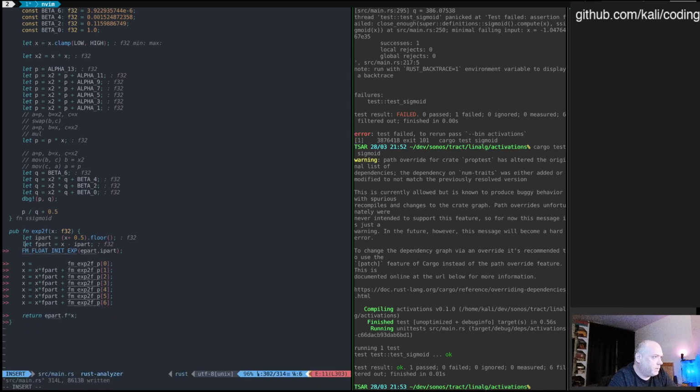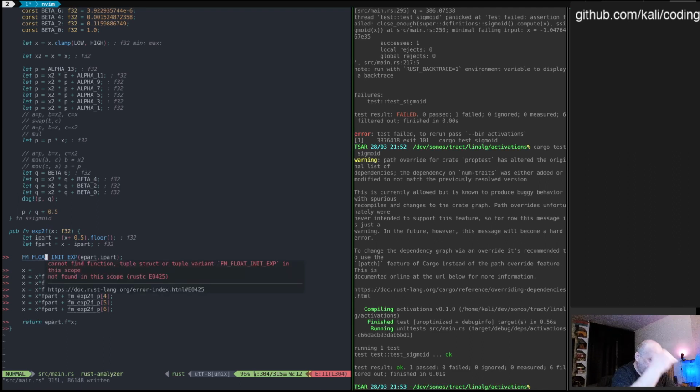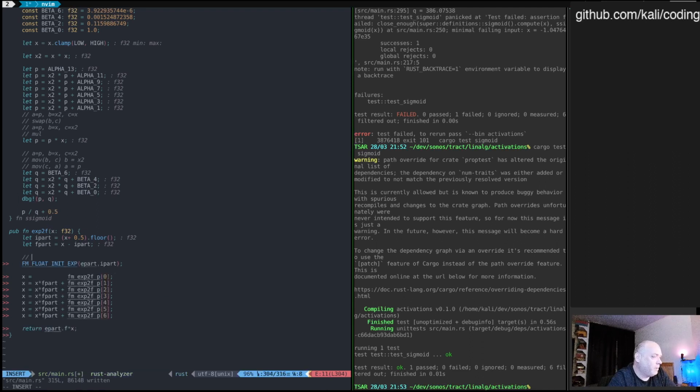So this bit, what does it do? It builds, I think, 2 to the power of I part, where I part is an integer.